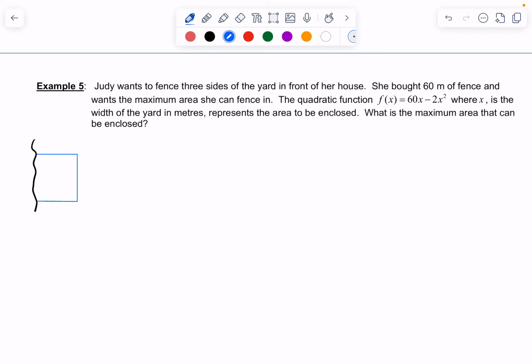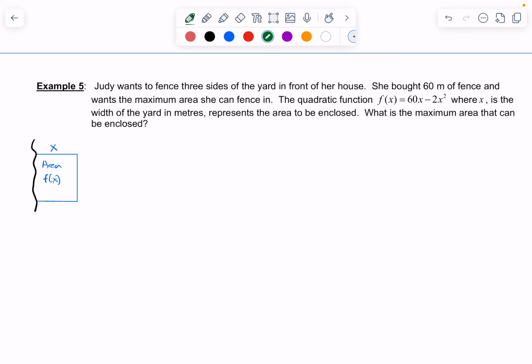So where x is the width of the yard in meters, f of x represents the area. So the area here is represented by f of x. And then the material that's going to be used is these dimensions, x here.